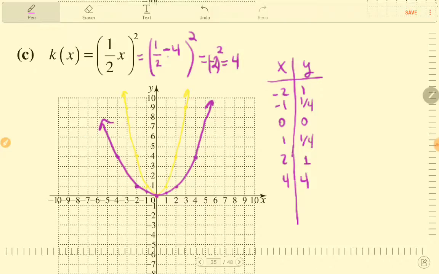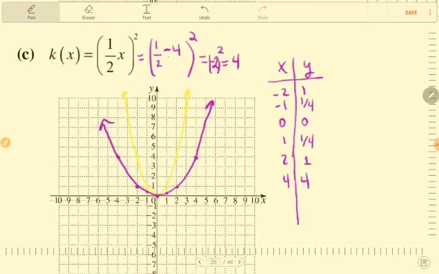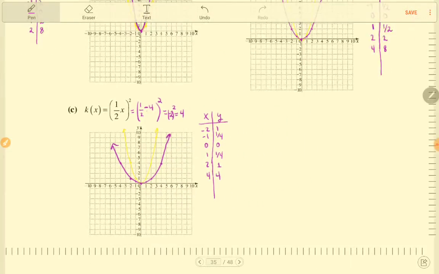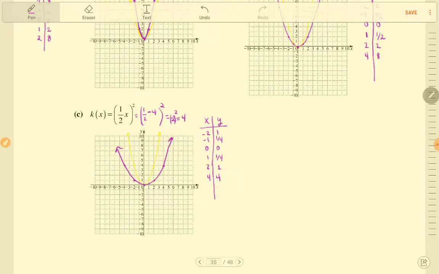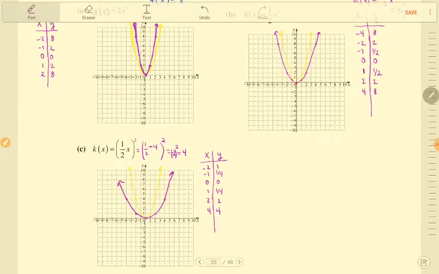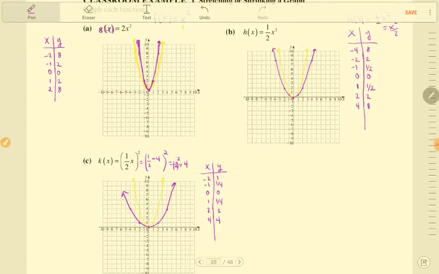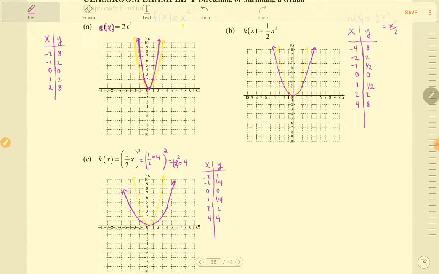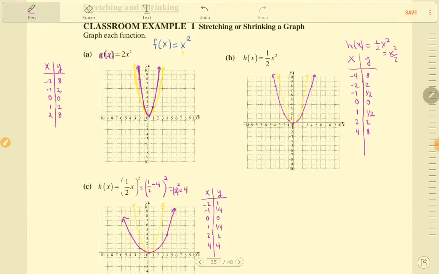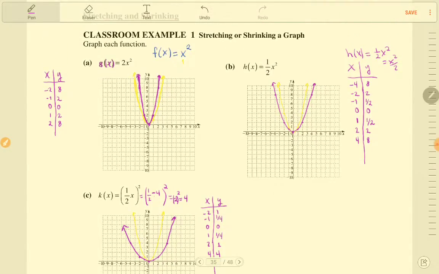All right, so you can see what happened there is again, it's being stretched horizontally, or you could think of it as being squashed vertically. Notice that having a 1/2 on the outside of x squashed it down, but not as much, right?